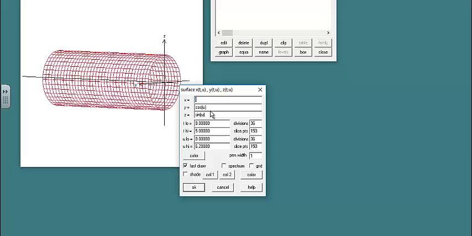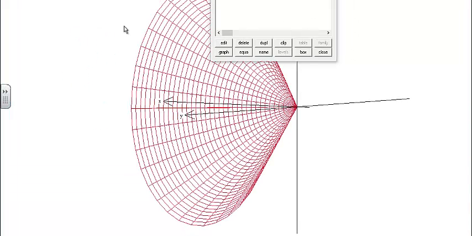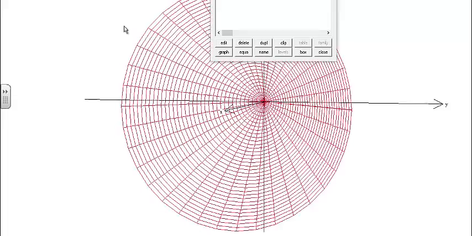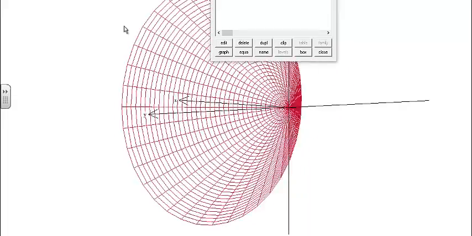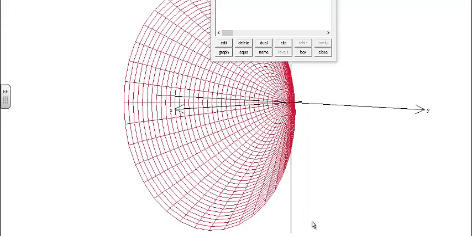Let me try putting t in there. Yeah, okay. It's a cone. That's what it was supposed to be. So that's a cone using parametric equations.